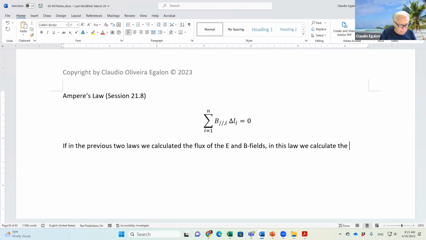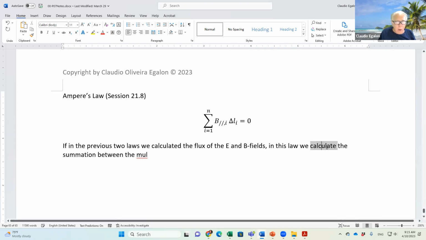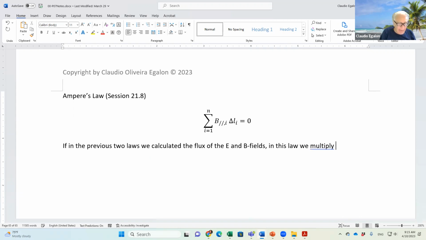Let's do it this way: we multiply the B field by a given path, a given end, and sum everything.